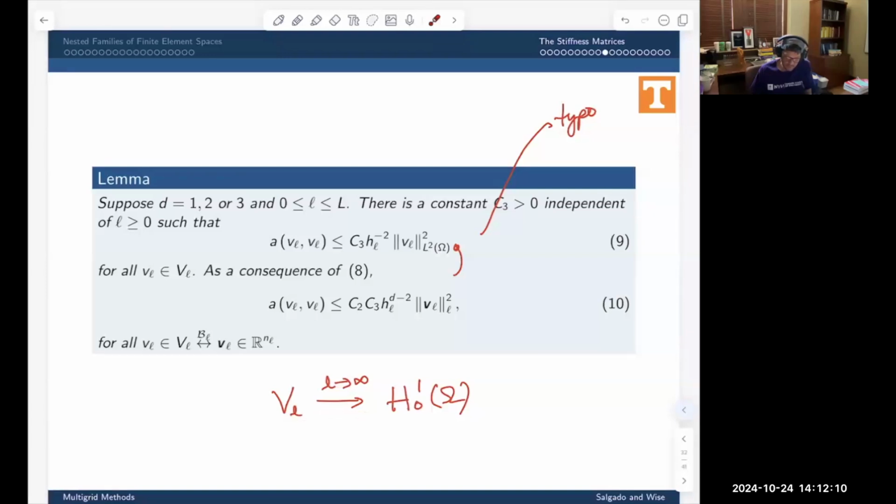Okay, so whenever, for example, VL's dimension is getting larger and larger as I take the mesh spacing finer and finer, that's because it's converging to something which is infinite dimensional, and this object will no longer hold. It's known that this inequality does not hold in this infinite dimensional space. But in every finite dimensional subspace of H01, it does hold. So that's where we'll stop, and I'll take any questions that you guys have.